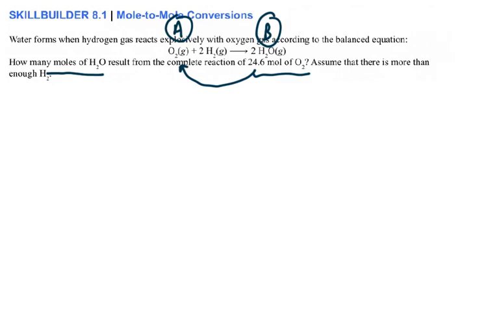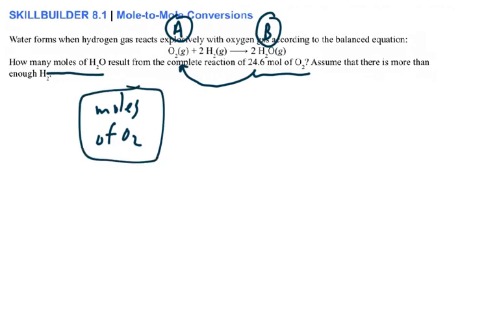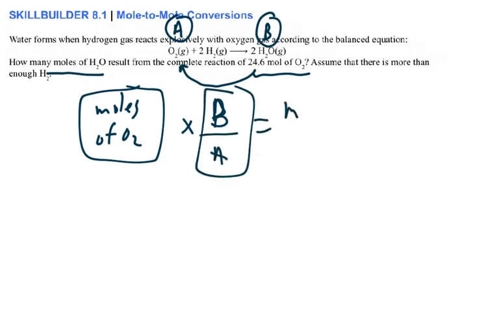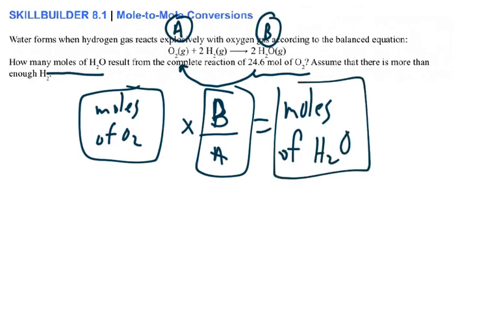It's a mole-to-mole problem because you're given the moles of A, which is oxygen. And in order to do a mole-to-mole, it's a simple one-step problem. We're going to multiply by the mole ratio to get the moles of our answer. So let's substitute. The moles of the given is 24.6 moles.